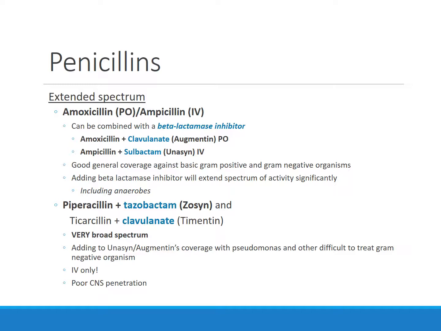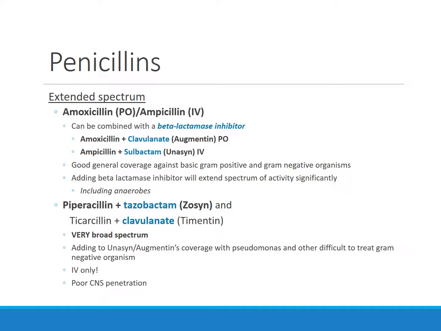on a basic level. And then once you add the beta-lactamase inhibitor, which I've got in blue there, the amoxicillin plus clavulanate or ampicillin plus sulbactam, you extend the gram-negative coverage substantially, plus you get anaerobic coverage. So that's going to just add to your arsenal here, where you can treat empirically.